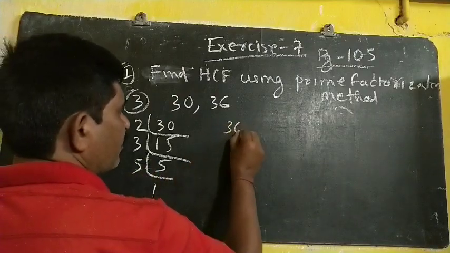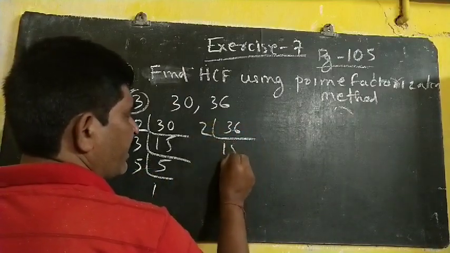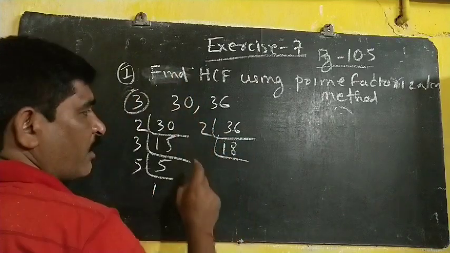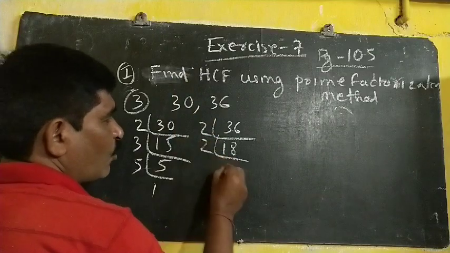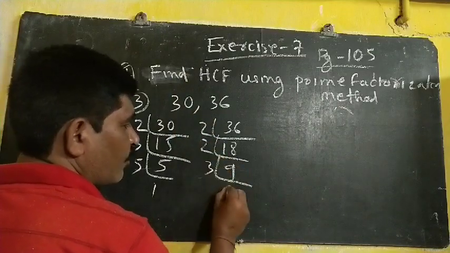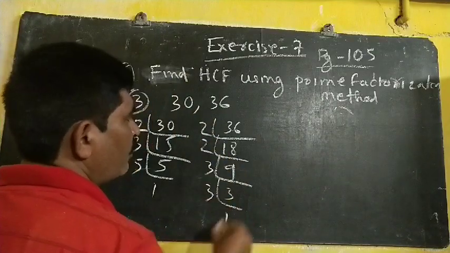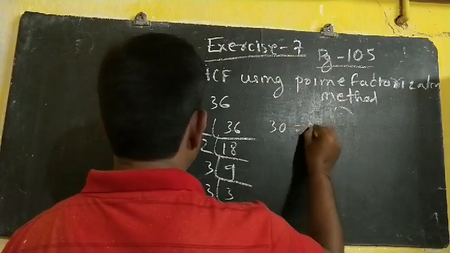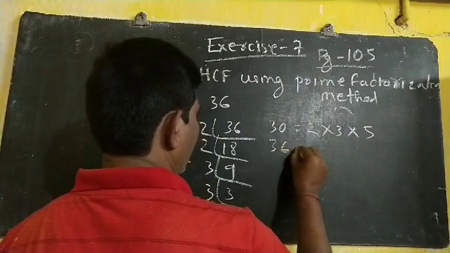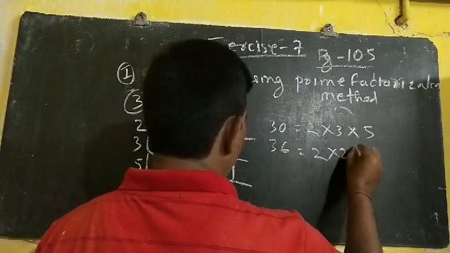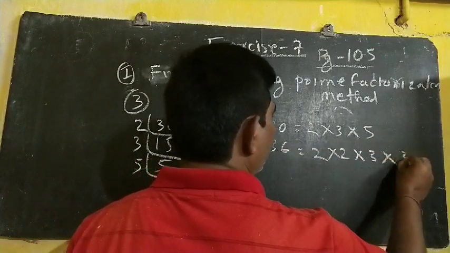Like this, you will find 36. 2 goes means 18. Already you have done it in number 1. Not needed to do here, simply copy from there. 2 goes means 9, 3 goes means 3, 3 goes means 1. So 30 is equal to 2 into 3 into 5 and 36 equal to 2 into 2 into 3 into 3. Clear?